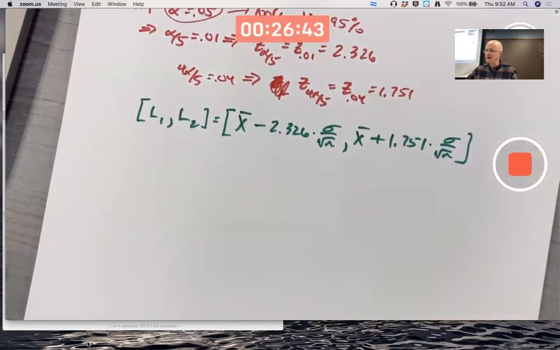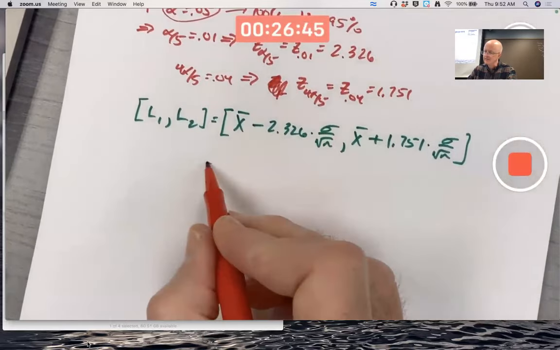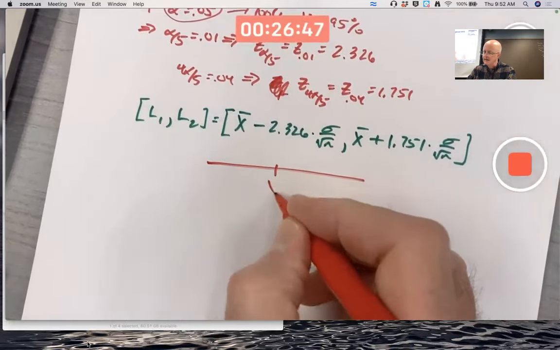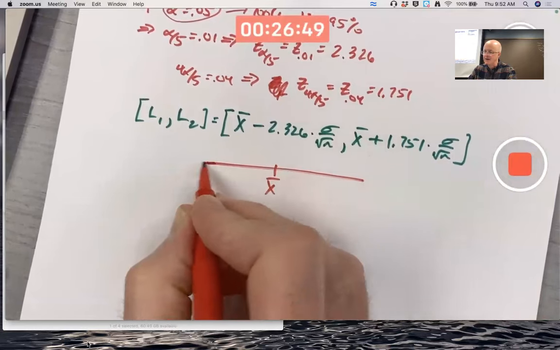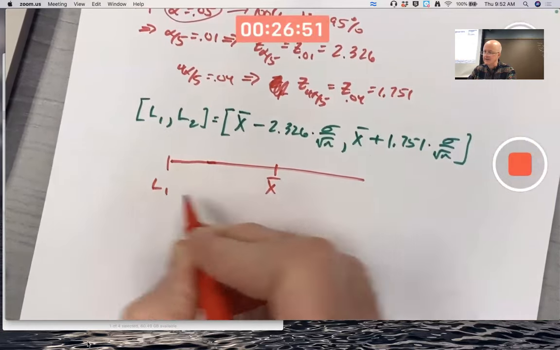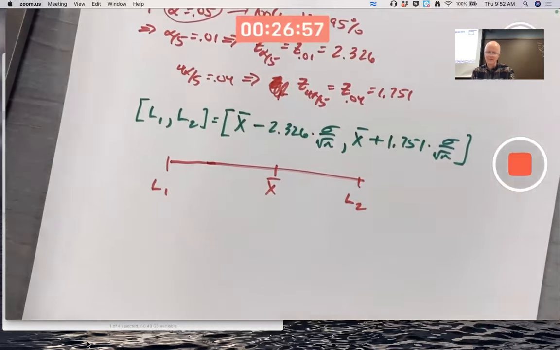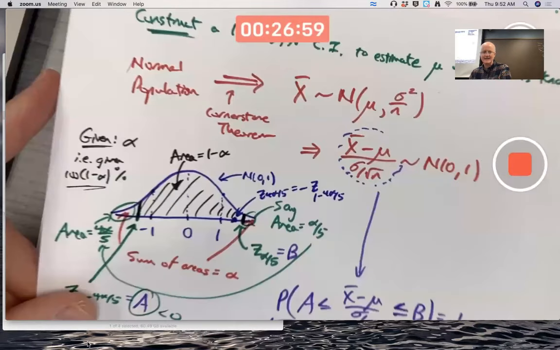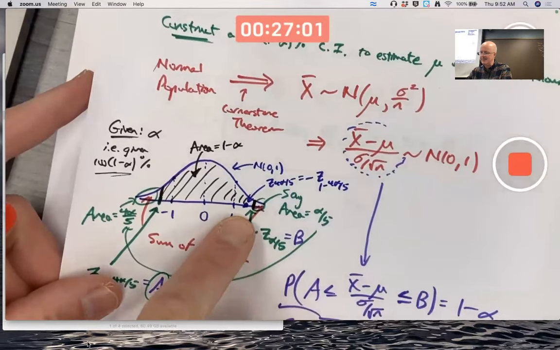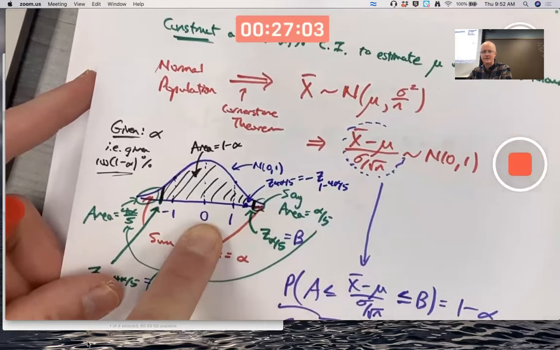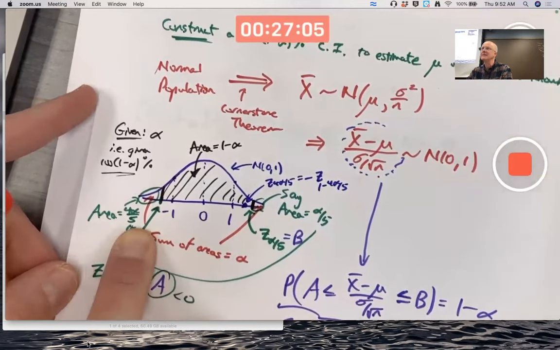Something a little confusing here, perhaps, is that this interval, if you draw it, is not centered at x bar, but it's longer to the left than it is to the right. Wait, how'd that happen? Isn't this z value further from 0 than this one is?